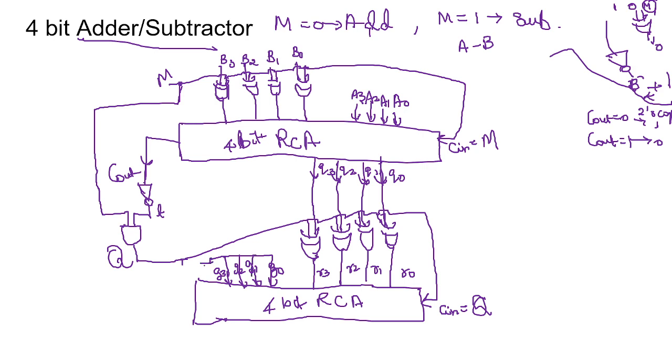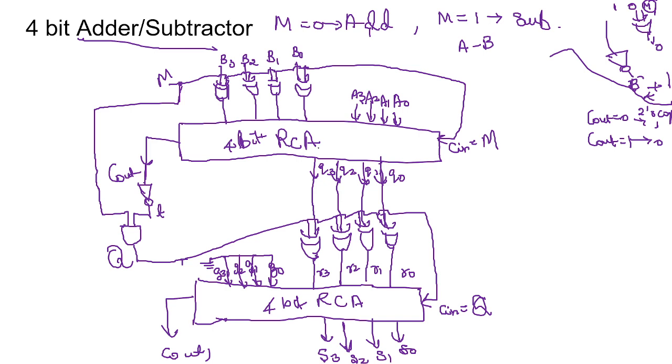Ground. Yes. So I will add this 0, and then the final result S3, S2, S1 and S0, and this will give me C out 1. So this is the 4-bit adder subtractor module.